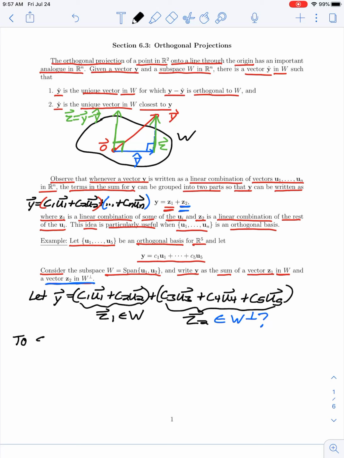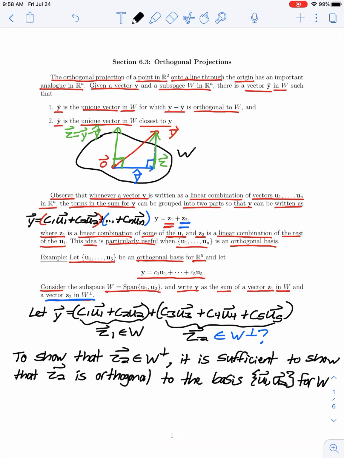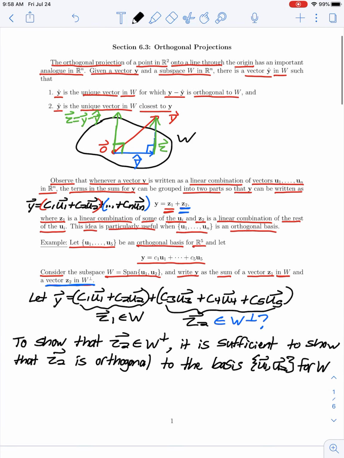So here, to show that our vector Z2 lies in the orthogonal complement of W, it is sufficient to show that Z2 is orthogonal to the basis, which consisted of u1 and u2 for our spanning set W. Recall that result from section 6.1.